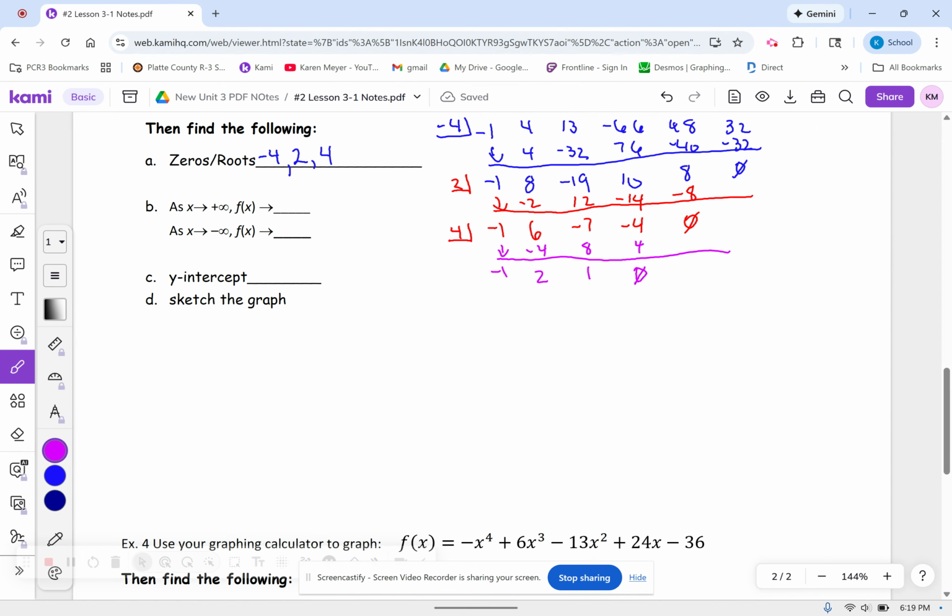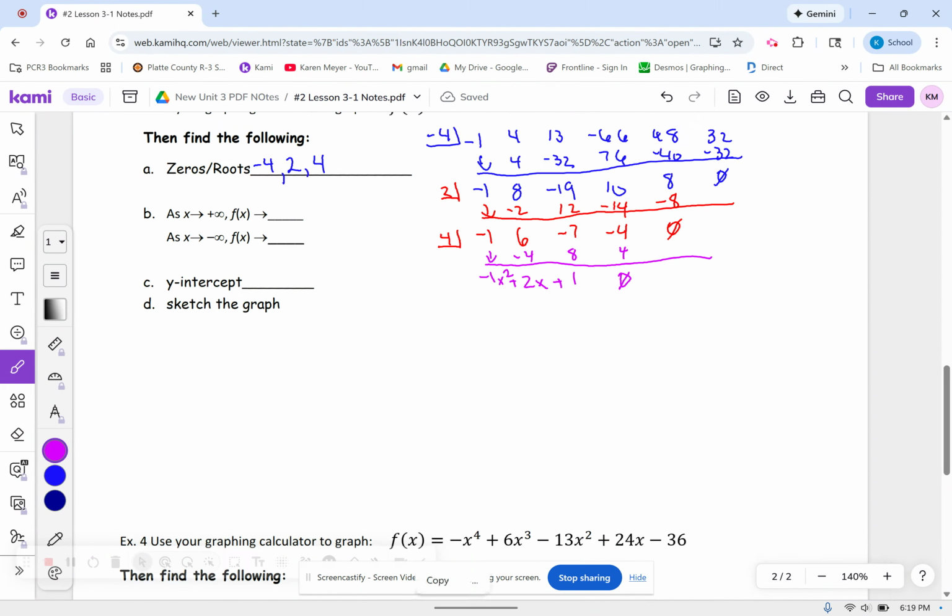Okay, so we started with x to the 5th, x to the 4th, x to the 3rd, so then we have x to the 2nd plus x plus 1. So then I would use the quadratic formula.